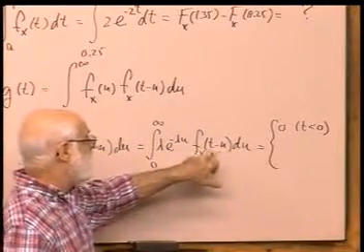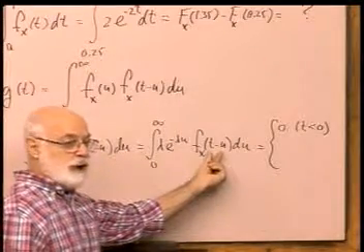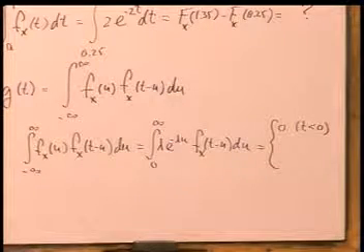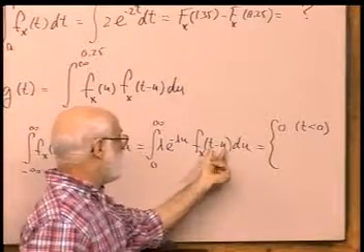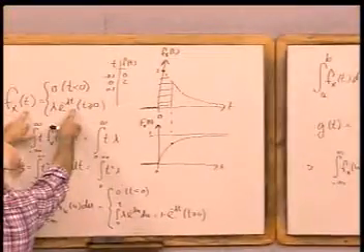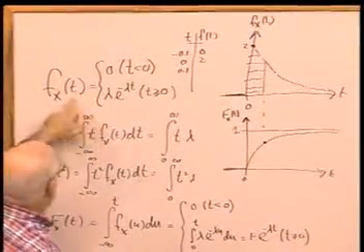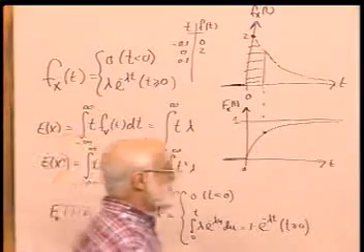And when u reaches the value 7.2, the argument becomes 0, and the function jumps from one branch to the other branch. So as long as u is less than t, this function is given by this formula, except that t is replaced by t minus u. And when u exceeds t, the formula is given by 0, because I jump from this branch to this branch.